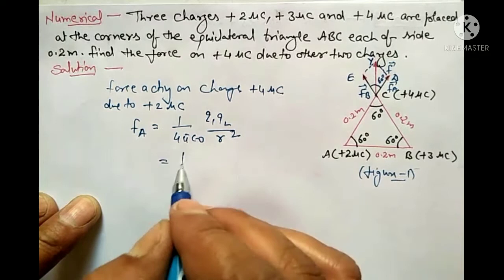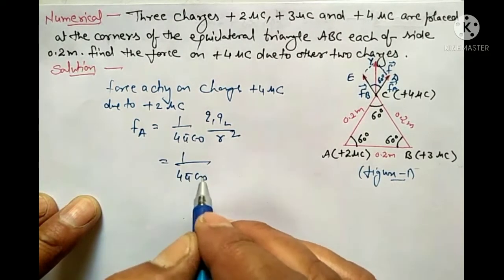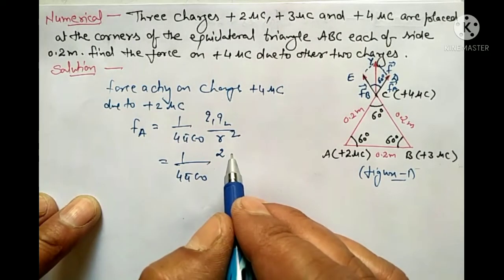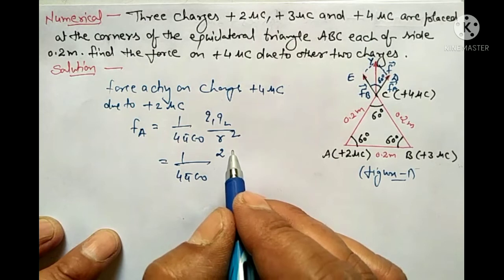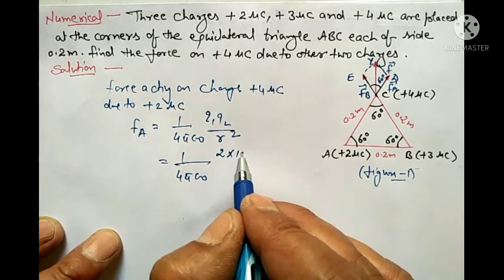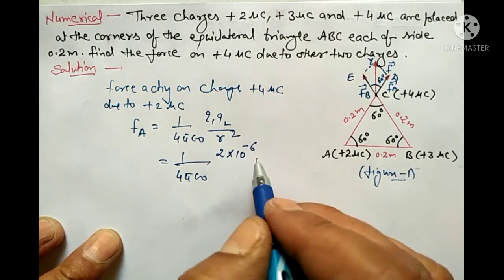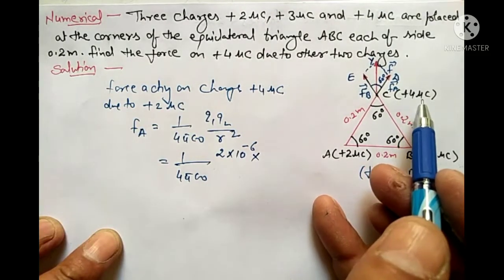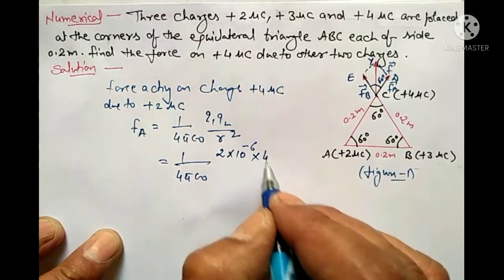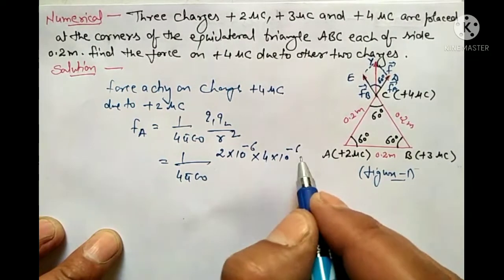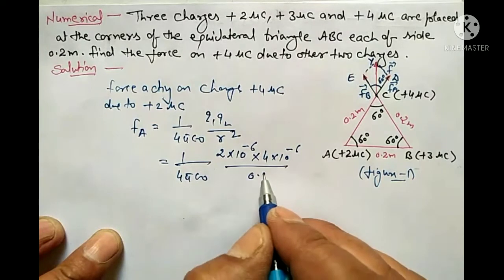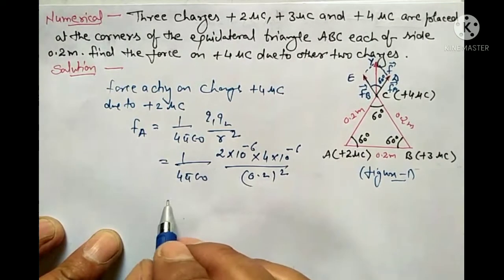Here Q1 is 2 microcoulomb, which means 2 multiplied by 10 raised to power minus 6 coulomb, multiplied by Q2, here plus 4 microcoulomb, that is 4 multiplied by 10 raised to power minus 6 coulomb, over distance 0.2 square.